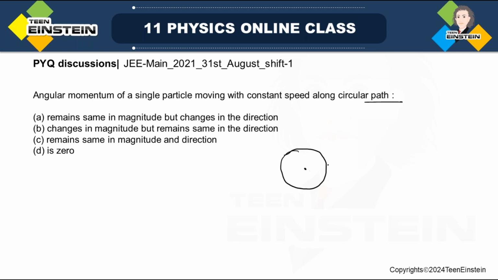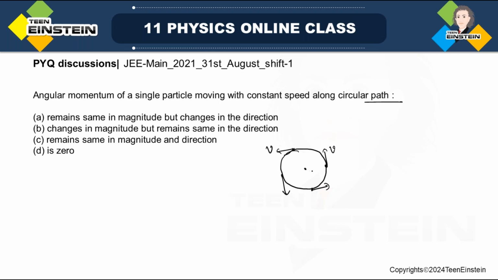In uniform circular motion, if the speed of the particle is v, the velocity will always be along the direction of the tangent. Its magnitude remains the same, but its direction changes. That's why we'll get linear acceleration.